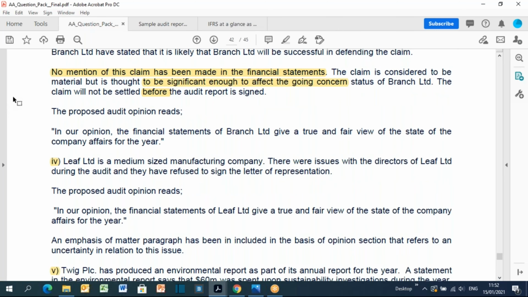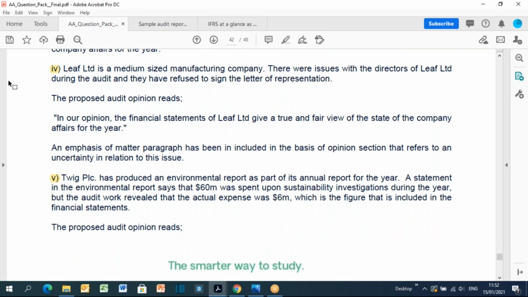If we look at the next example, the company is a medium-sized manufacturing company. There were issues with the director of the company during the audit, and they refused to sign the letter of representation. The proposed audit opinion reads, in our opinion, the financial statements give a true and fair view of the state of the company's affairs.